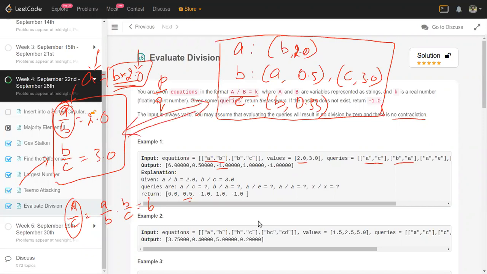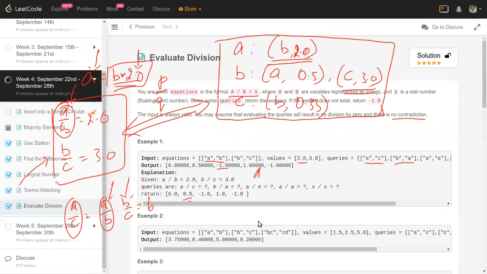These are equivalent. Now, to find A by C, obviously the cases where a symbol is missing are going to be separated out. But in a typical case, both my symbols A and C are in my system, but there is no single equation which covers both. But A by C is essentially equal to A by B times B by C. A by B is present here, and B by C is represented somewhere here, but they are in two different lists.